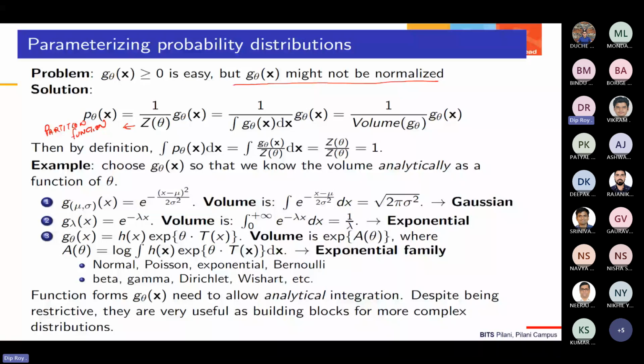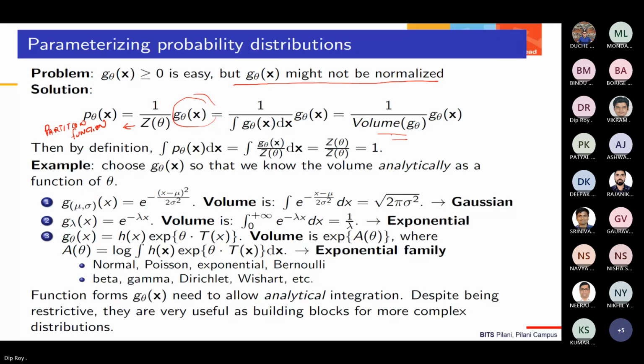So your probability distribution is your numerator, which is this function, divided by your partition function or normalizing constant. The normalizing constant, if you take the case of continuous variables, is an integral of g theta x dx, right? And this ultimately represents the volume of this.